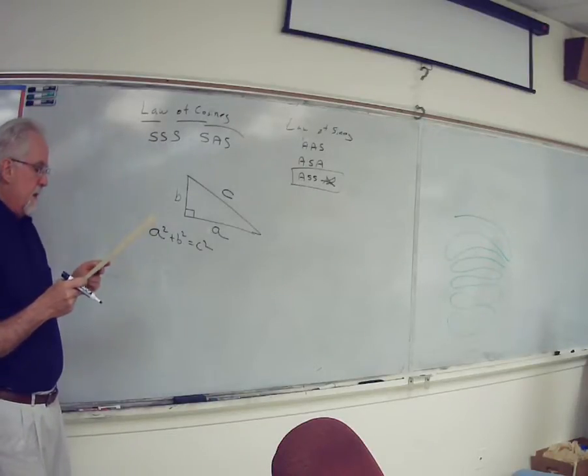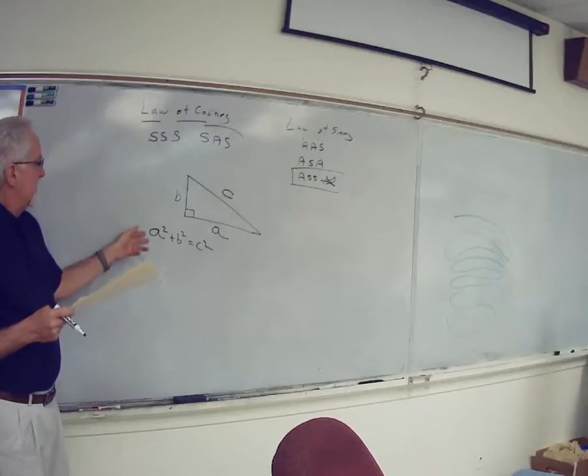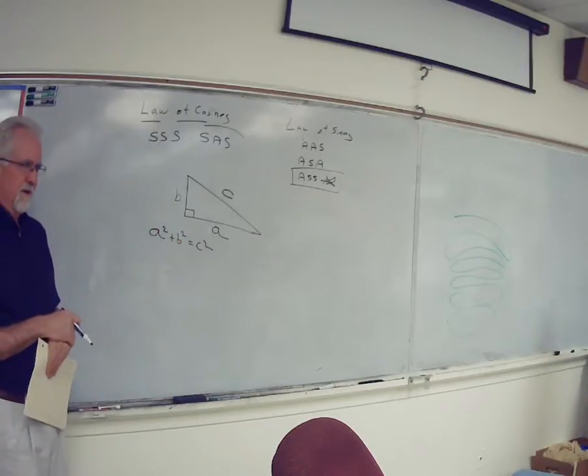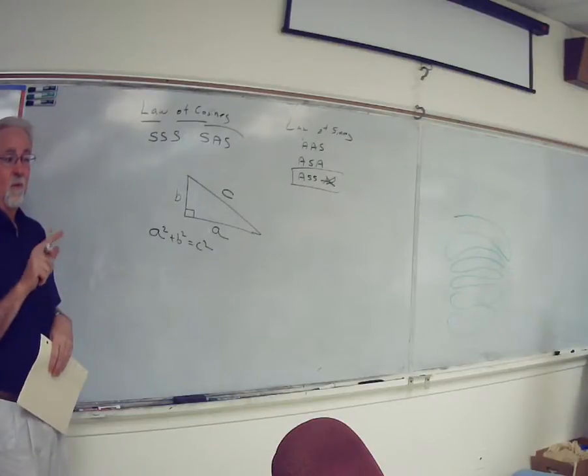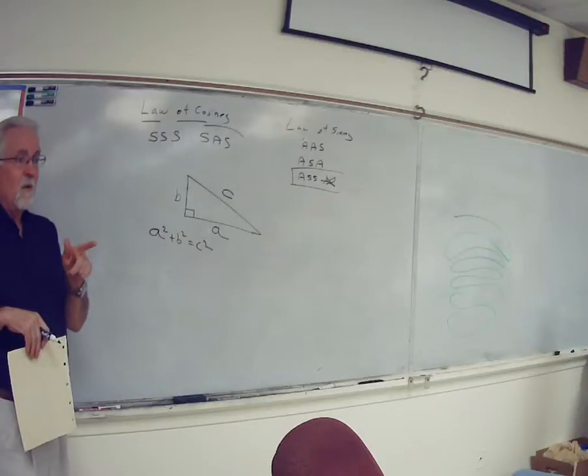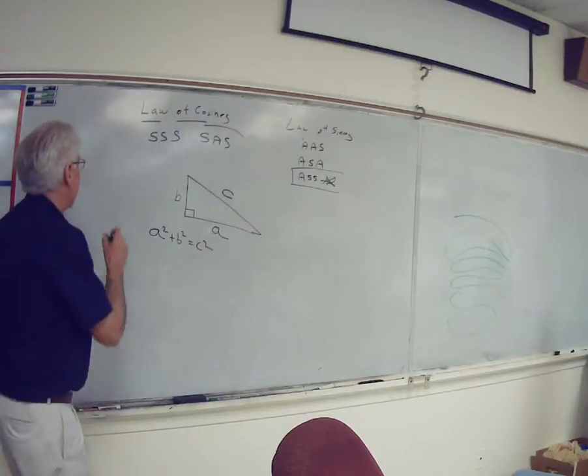But does A squared plus B squared equal C squared always work? It has to be a right triangle, and that's really easy to forget.